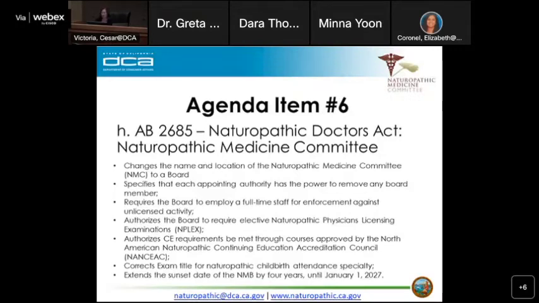So all of the items and issues that we presented within our sunset report, these are the items that the joint committees had taken some urgent action on, and they went ahead and put that in the new text for the sunset bill, and this is what they've come up with. There was some talk about putting the unlicensable naturopaths under a board.